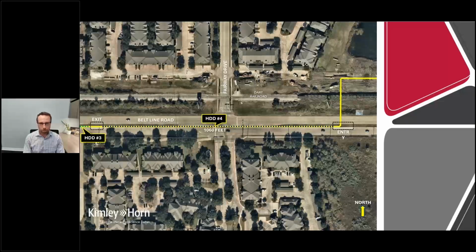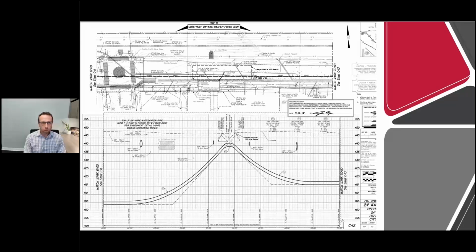And so we ended up having to put the entry pit on the right side and then drill back towards the west side there. But otherwise just pretty typical to the other drills that we had before us. This one did cross Fairway Drive, which was another intersection we had to contend with, but certainly not on the scale that MacArthur Boulevard was. So those are the 4 drills that we had.